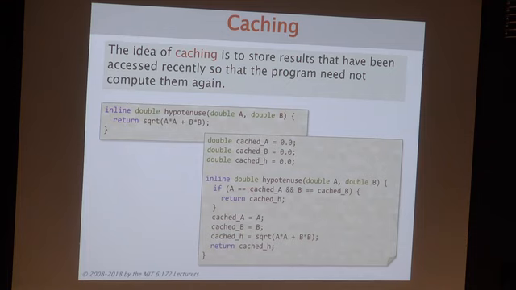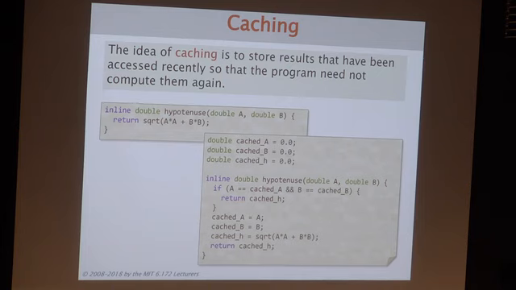And one way to avoid doing that is to create a cache. Here I have a cache just storing the previous hypotenuse that I calculated. And I also store the values of A and B that were passed to the function. Now when I call the hypotenuse function, I can first check if A is equal to the cached value of A, and if B is equal to the cached value of B. If both of those are true, then I already computed the hypotenuse before, and I can just return cached h.